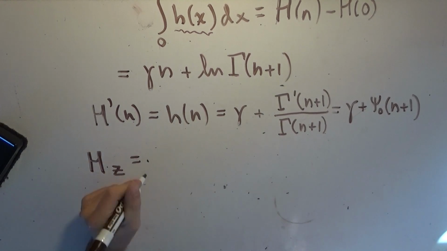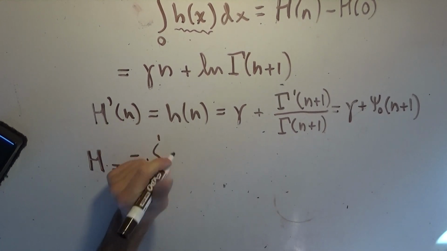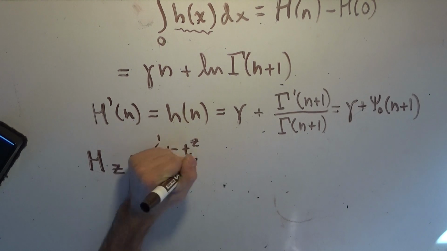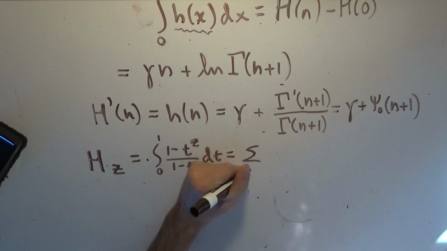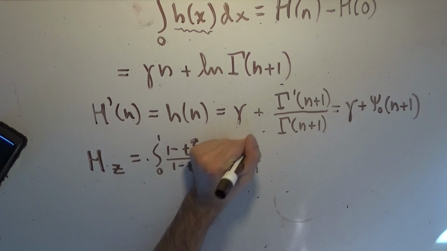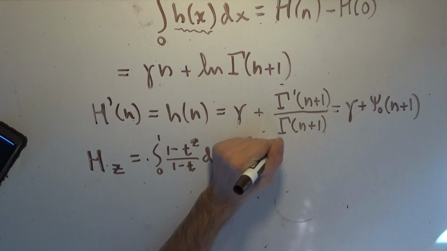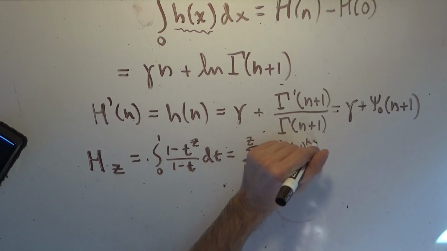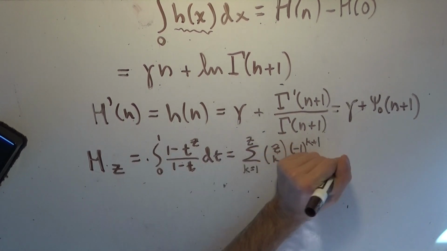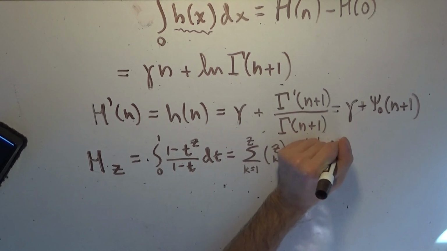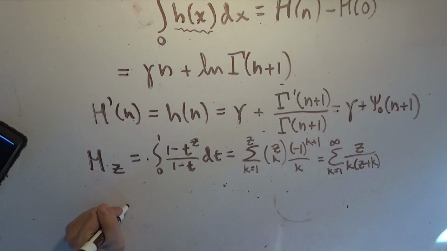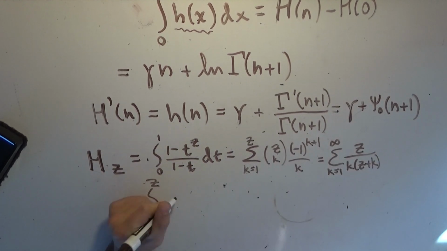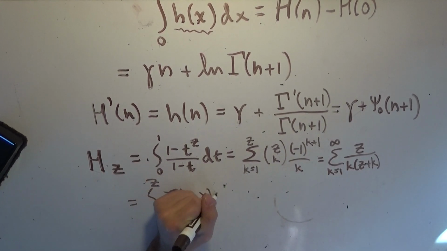The zth harmonic number, which we know to be the integral from 0 to 1 of (1 minus t to the z) over (1 minus t) dt, or the sum from k equals 1 to z, if it's an integer, of z choose k times negative 1 to the k plus 1 over k, or the sum from k equals 1 to infinity of z over k times (z plus k), or the integral from 0 to z of the Hurwitz zeta function of 2 comma x dx.